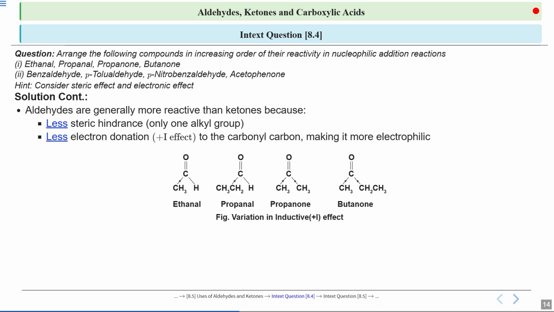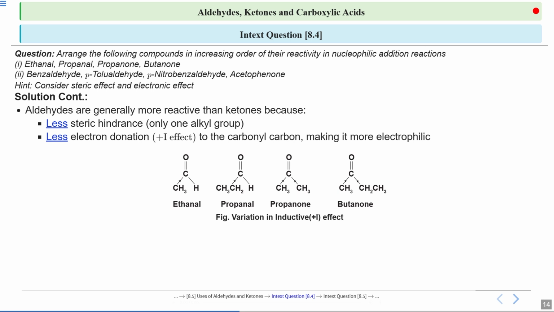Now if you look at this figure, this is the variation in the positive inductive effect shown by the molecules given in the first part. If you carefully look at ethanal, which is an aldehyde, it has only one CH3 group. Propanal, which is an aldehyde, has CH3 and CH2.